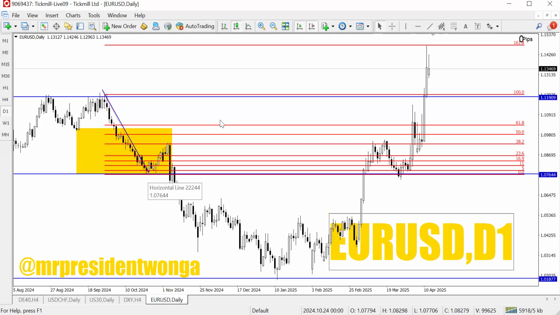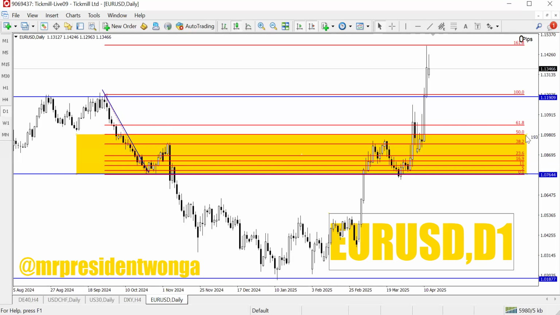We can see that the Fibonacci has formed from that, because we want to measure this retracement. You can see the price reached a bottom and started pushing up. That was about 38.2%. The 50% level was just above there.